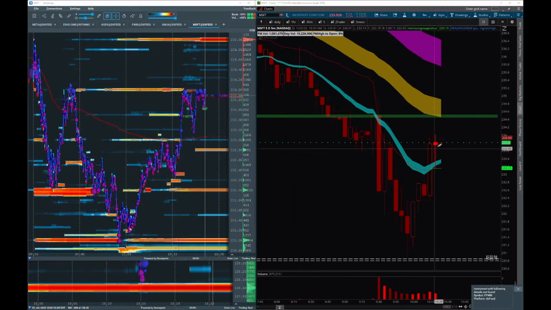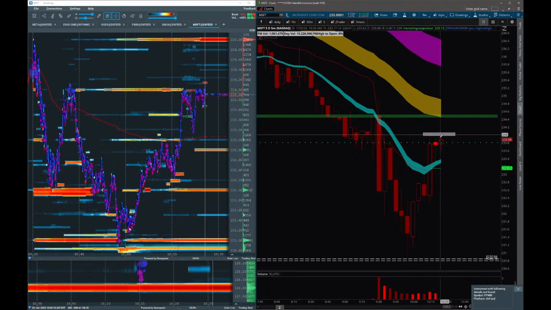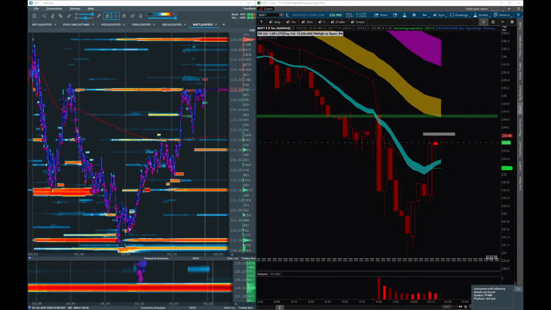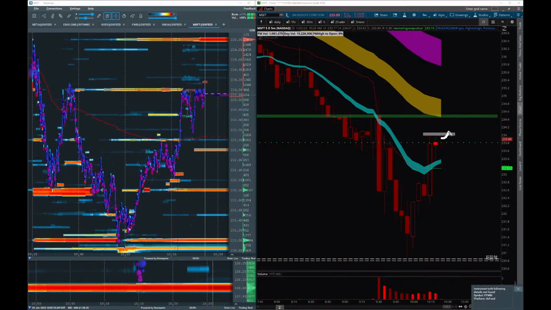Now, what I'm expecting is if we break this level over here, 234, okay, we're going to see this, or a possible fake out of this 234. So essentially another bull trap at this area like this, and a pullback right into the 233, or a push to 234.